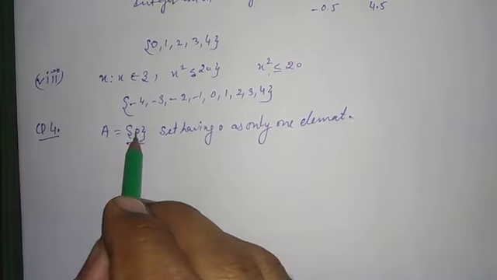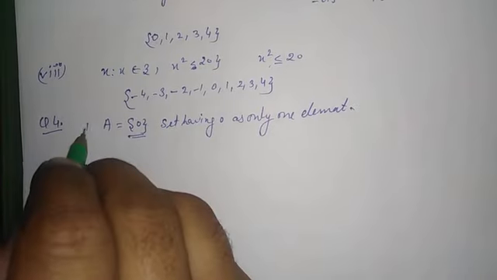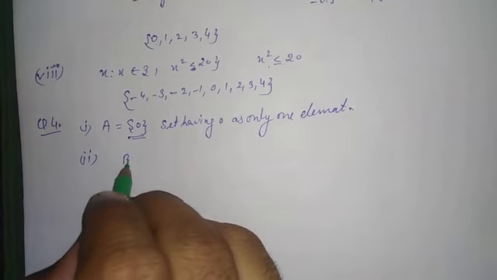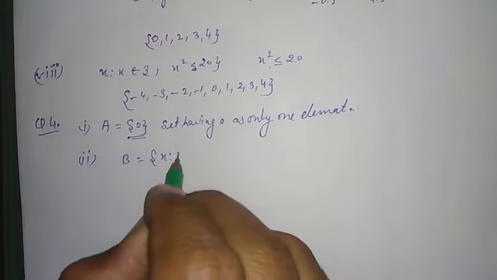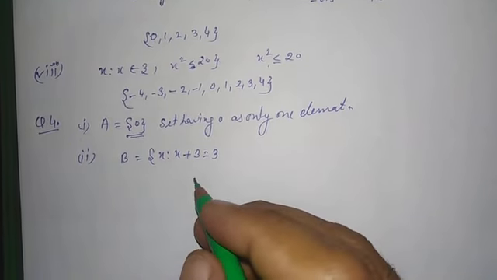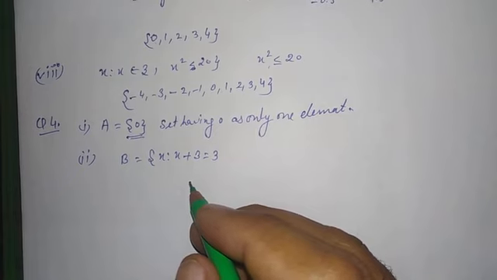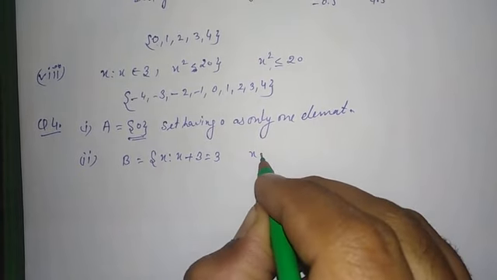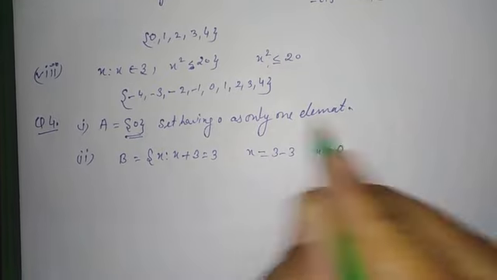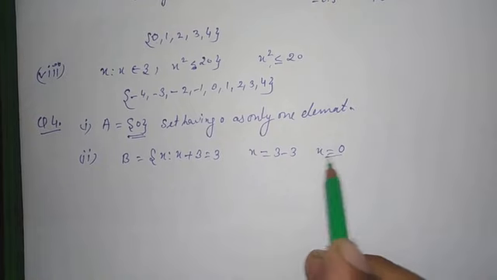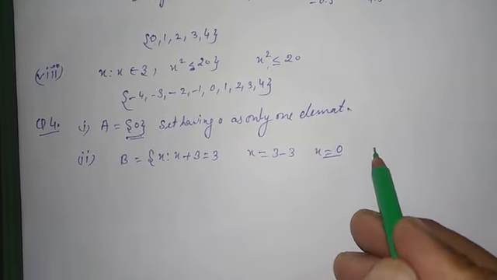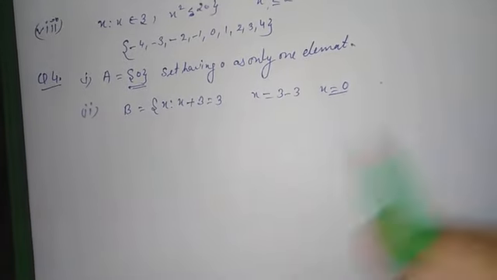Second part, B: x plus 3 is equal to 3. When we solve this, x is equal to 3 minus 3, x is equal to 0. Similarly as the first, the set contains the element 0, so it is not an empty set.